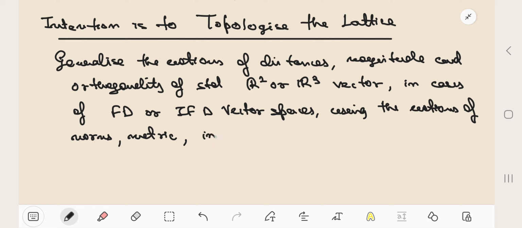And the orthogonality concept, in fact orthogonality is not immediately a generalization. We actually wanted to generalize the concept of angle between two vectors, but an arbitrary angle between two vectors is conceptually very complicated to generalize.